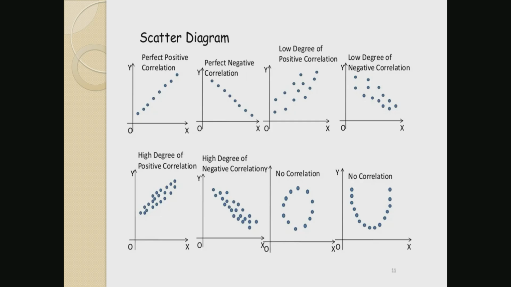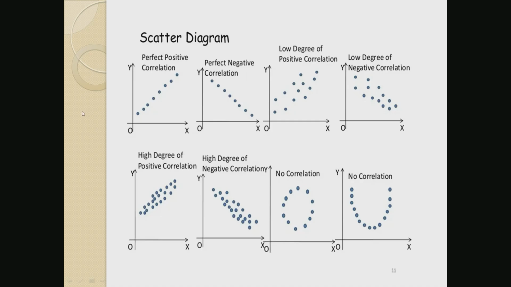If the plotted points fall in a narrow band and the points are rising from the lower left-hand corner to the upper right-hand corner, there will be a high degree of positive correlation between the variables. If the plotted points fall in a narrow band from the upper left-hand corner to the lower right-hand corner, then there will be a high degree of negative correlation.